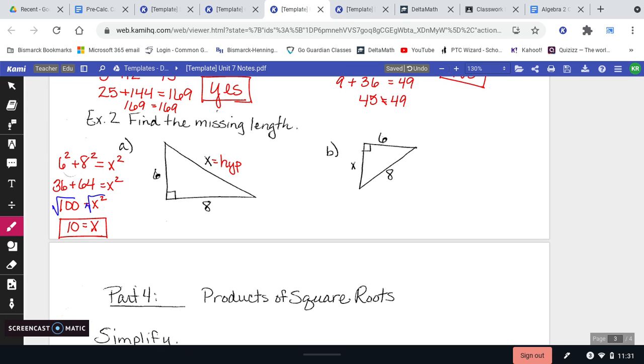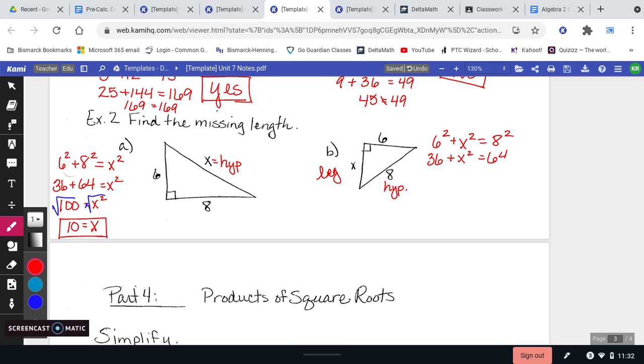On B, this time we're missing a leg. X is representative of the leg, because over here 8 is your hypotenuse. When I set up this one, 6 is a leg, so it's 6 squared plus x squared equals my hypotenuse squared, which is 8 squared. So 36 plus x squared is 64.